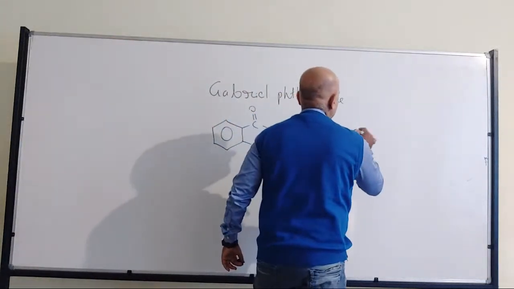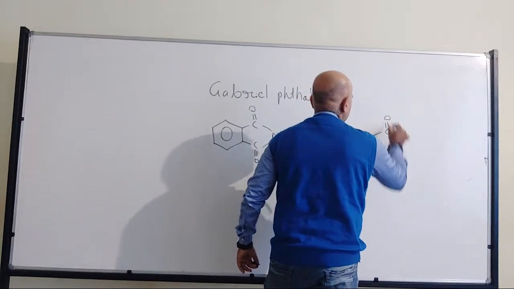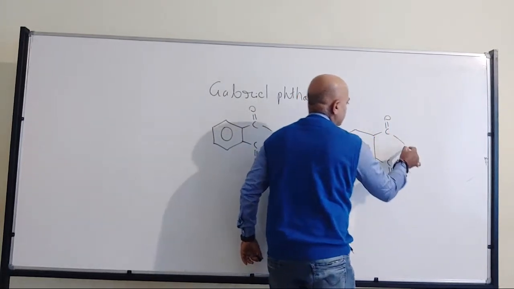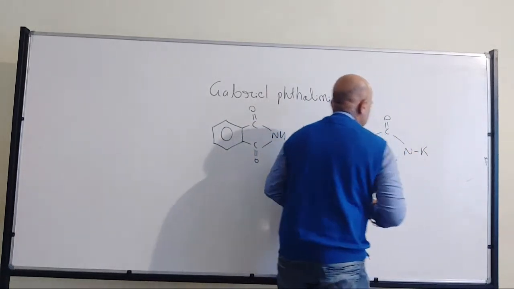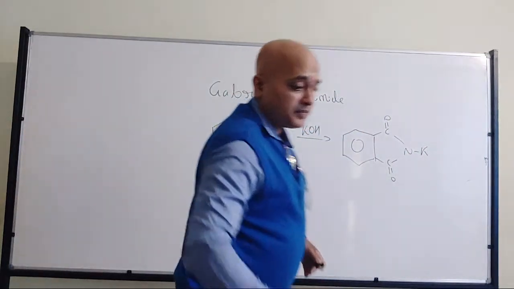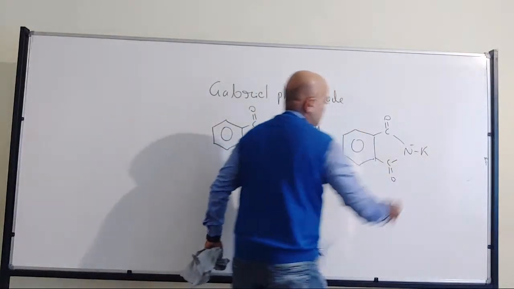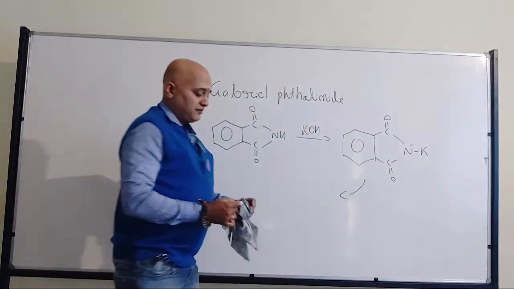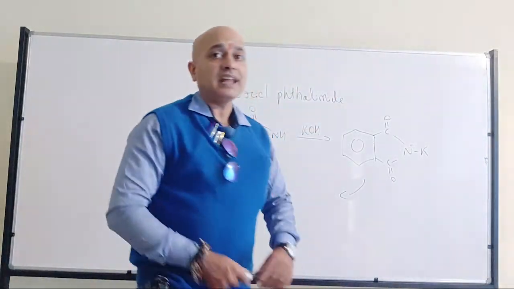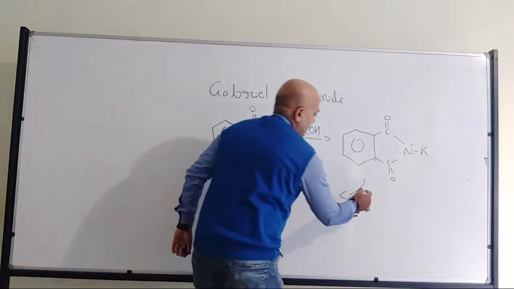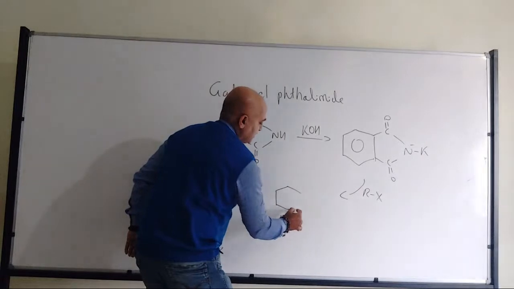Then we are going to get an intermediate, where the potassium is in attachment with the nitrogen, which later can be converted into an alkyl derivative when I treat it with the alkyl halide.